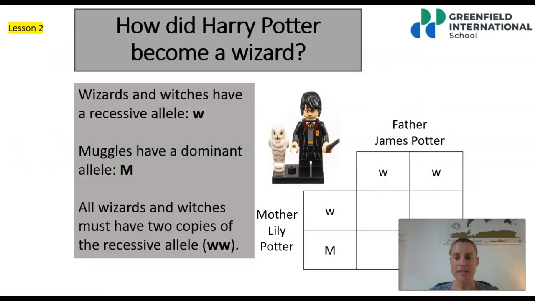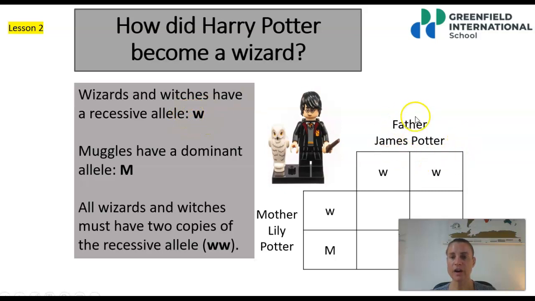Now, your task for today is going to be to do a similar thing about Harry Potter. All right, so instead of looking at flower colour, we're going to look at whether or not somebody is a witch or a wizard or a muggle. Okay, so muggles have a dominant allele, which would be M. And witches and wizards have a recessive allele, which would be w.